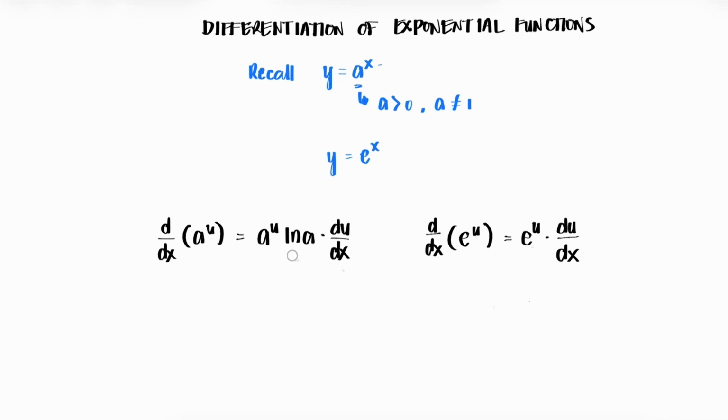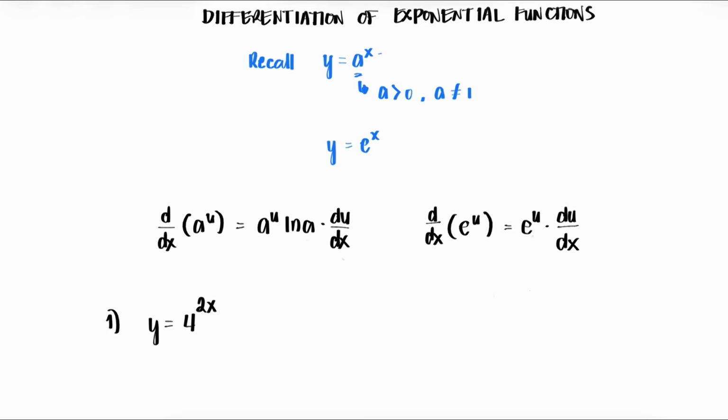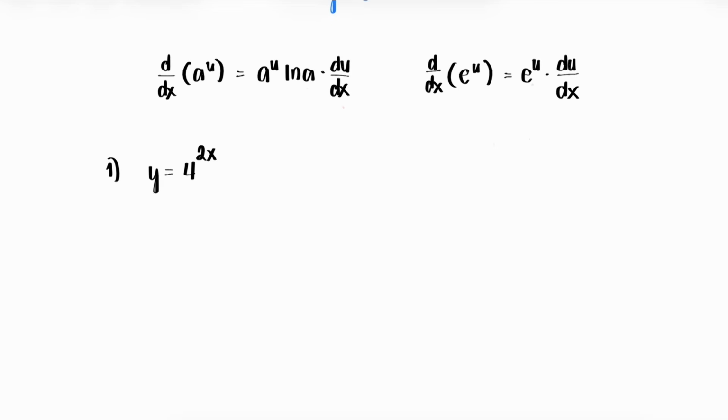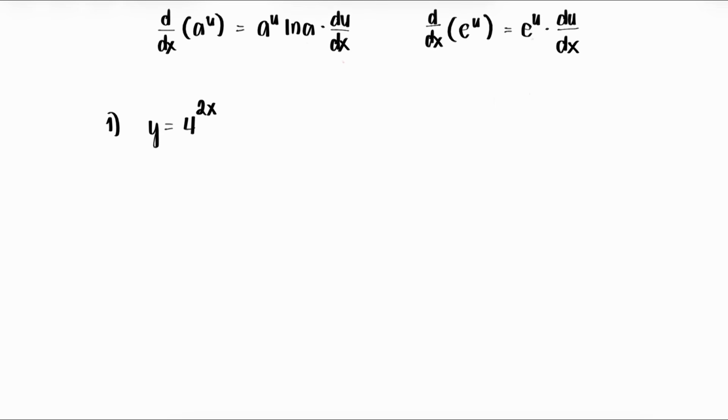So for example, we want to find the derivative of the function y equals 4 to the power of 2x. In finding the derivatives of exponential functions, we will be able to use the laws of exponents in algebra.